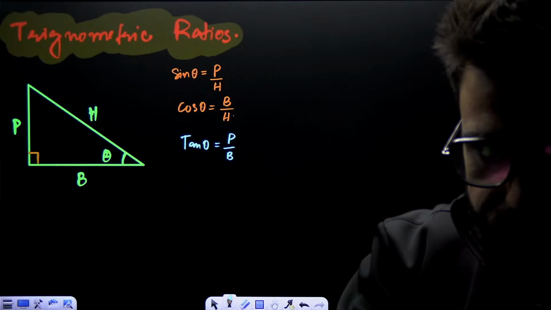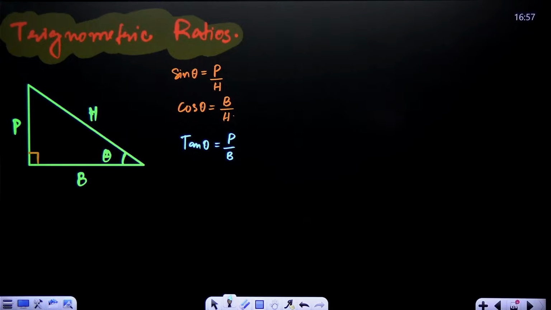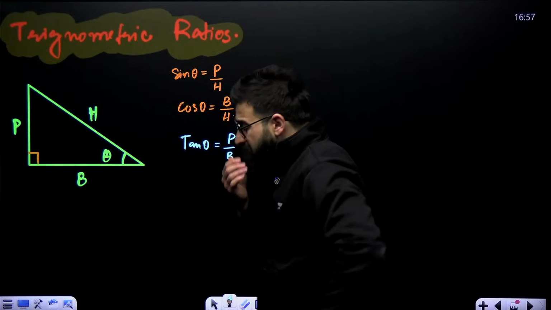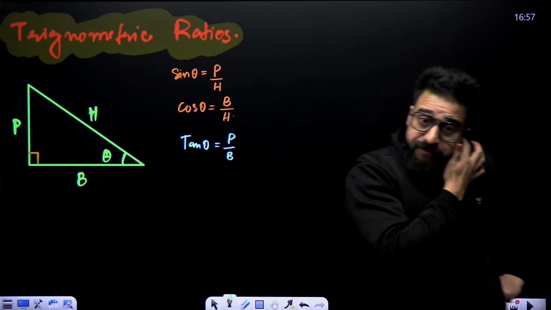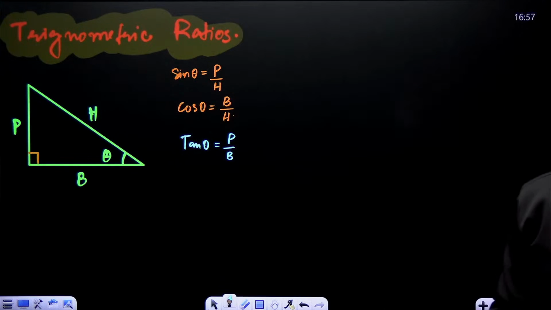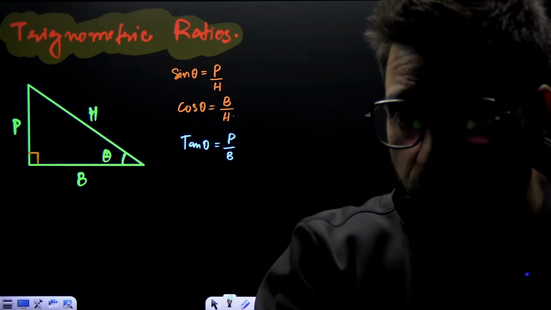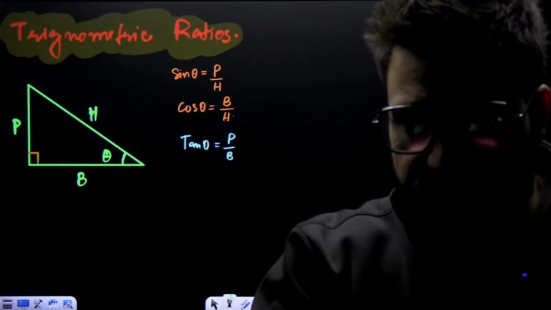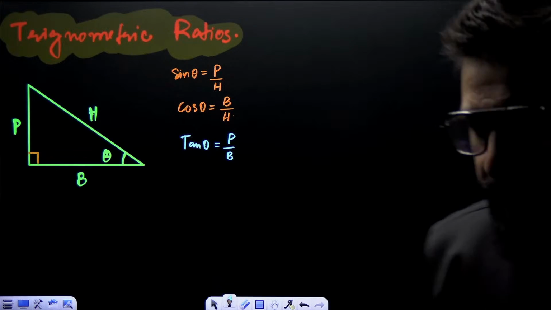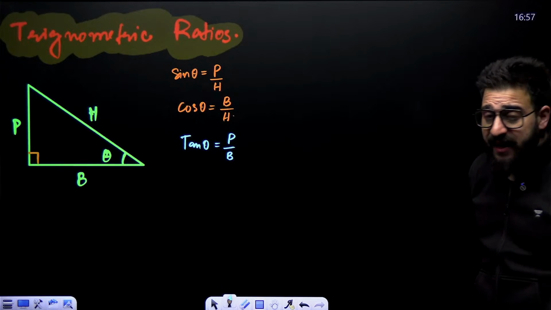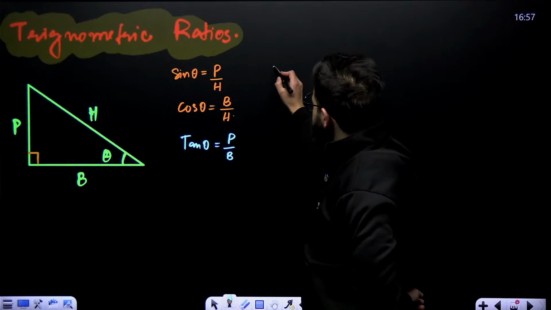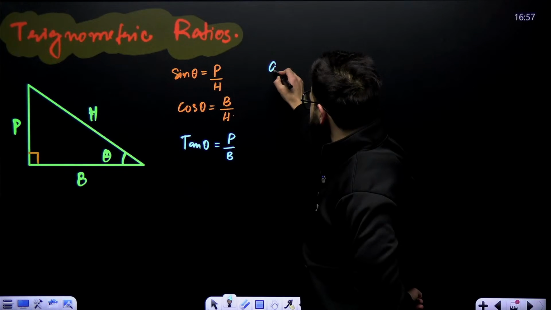Great. Now, guys, you have sine theta, cos theta, and tan theta. Then we have three more ratios: cosec theta, sec theta and cot theta.